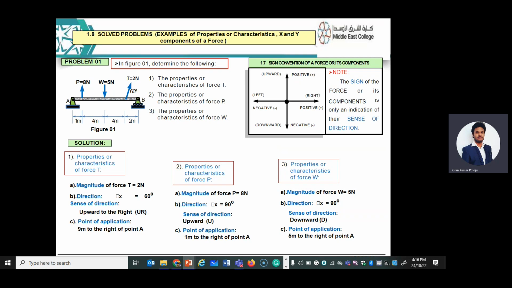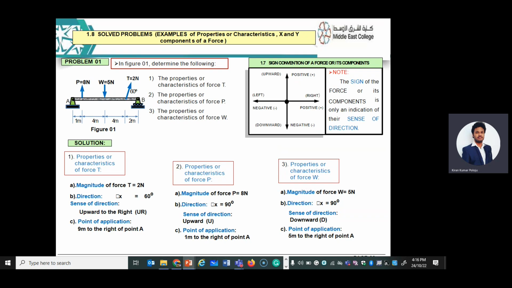So in case you are asked to determine the properties or characteristics, you have to mention the following: what is the magnitude of that force, what is the direction, and what is the point of application. These are the three properties, isn't it? What are the properties of a force? Magnitude, direction, and point of application. Magnitude means whatever the load or force acting, and direction means in which direction.